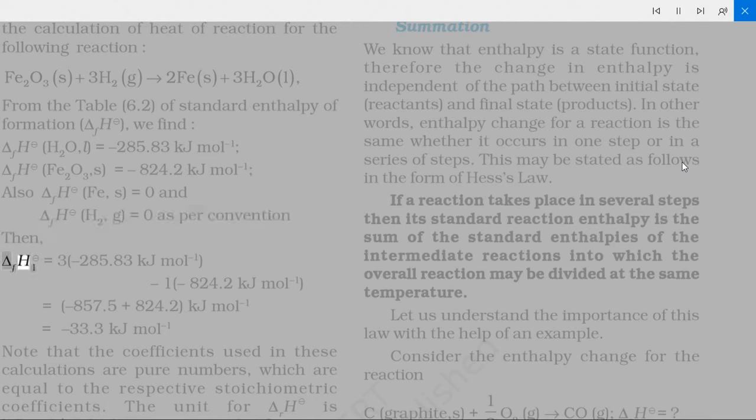Then ΔrH° = 3(−285.83 kJ mol⁻¹) − (−824.2 kJ mol⁻¹) = −857.5 + 824.2 kJ mol⁻¹ = −33.3 kJ mol⁻¹.